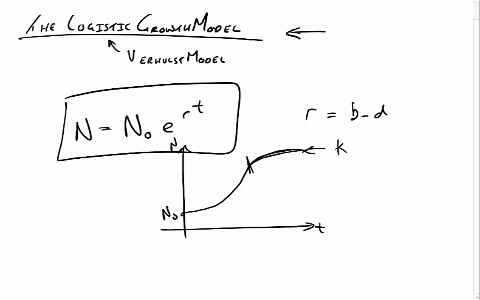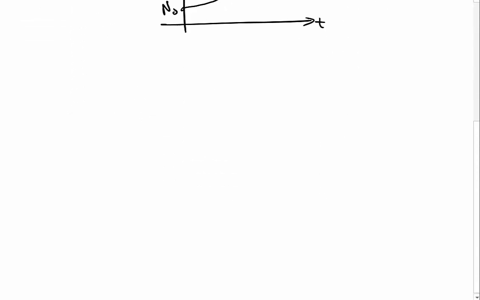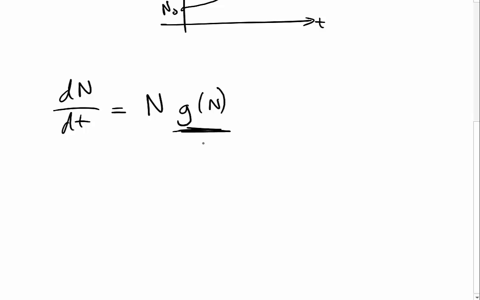Let me just show you what it is. It's the same idea again: the rate of change of our population is given by our population size times some growth factor. It's just that now we're considering a slightly better version of the growth factor.